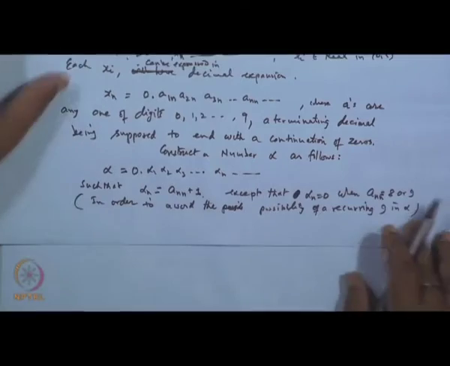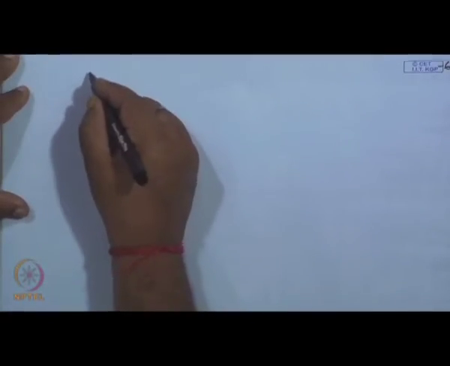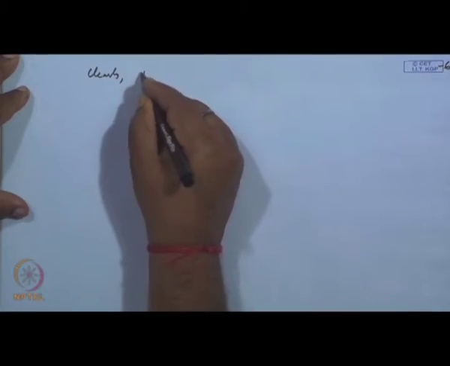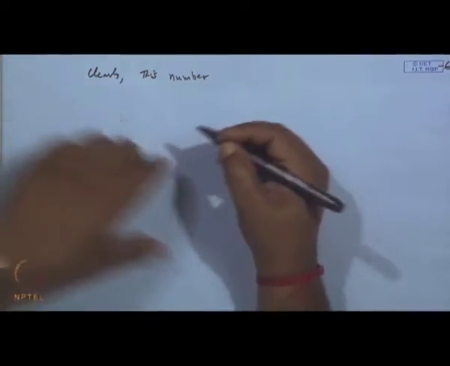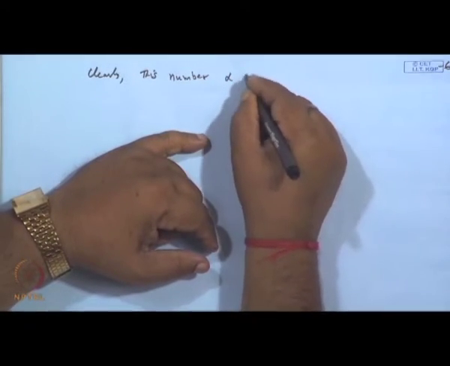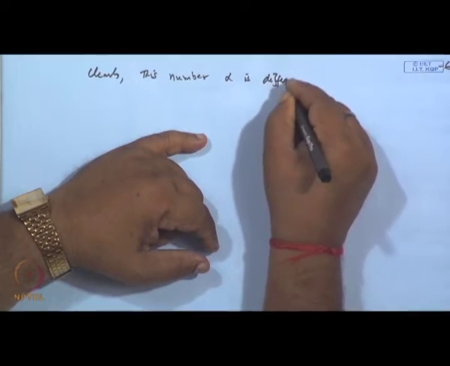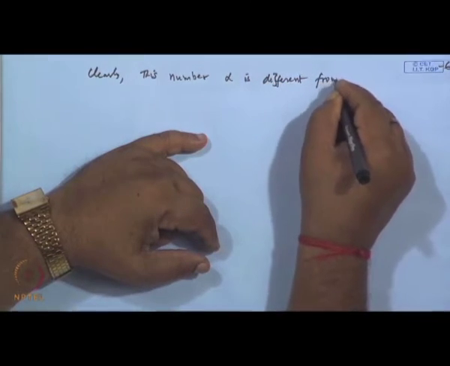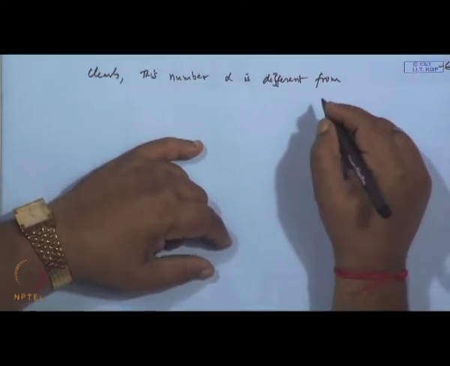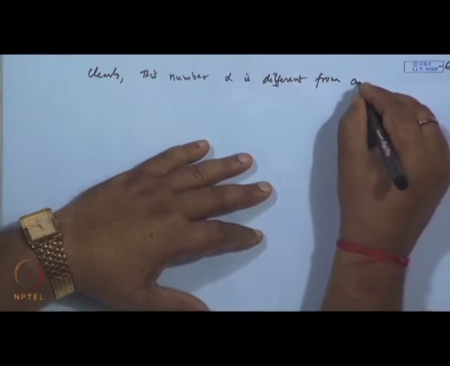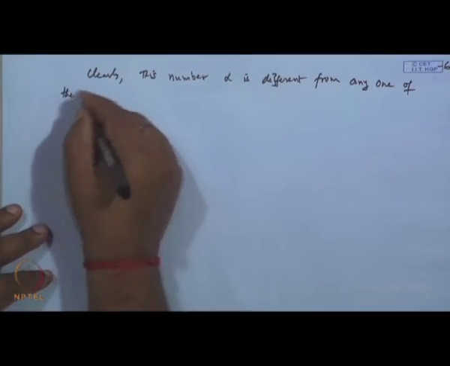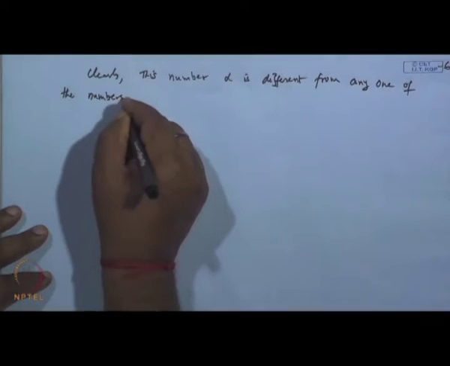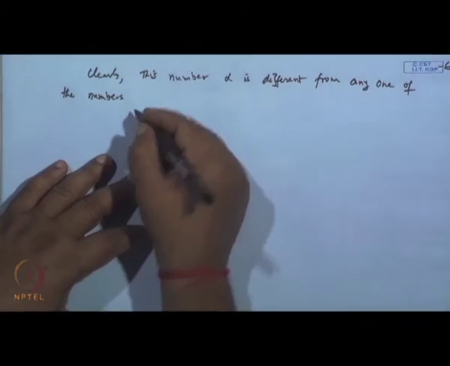So, clearly this number alpha is different from any one of the numbers x n.